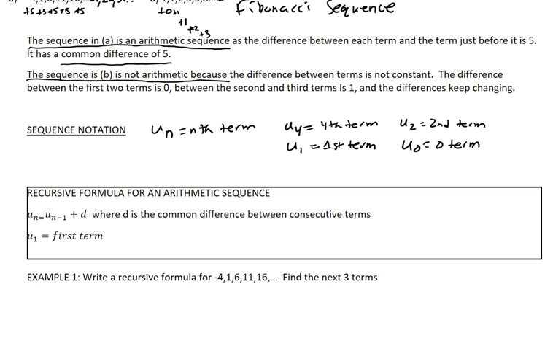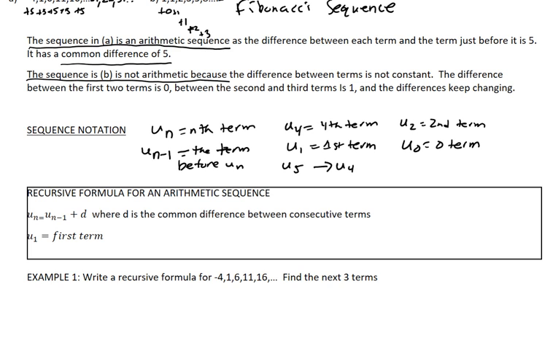And then one that sometimes causes a little difficulty, U sub n minus 1. This is the term before U sub n. Now kids always balk at that, but if I say U sub 5, you automatically know U sub 4 is the term that comes before it.